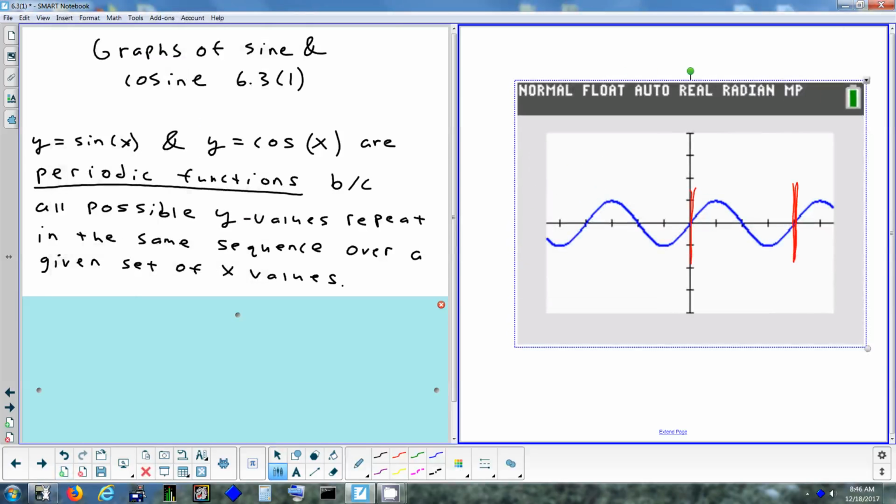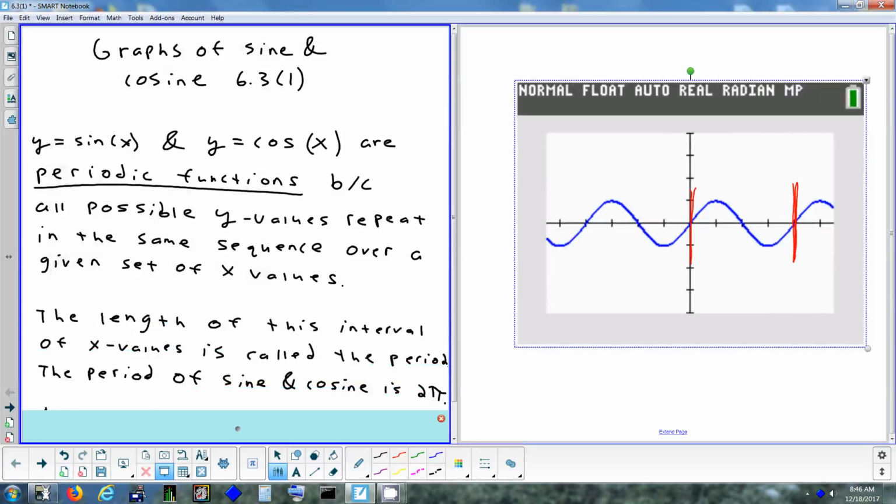Okay, so between those red lines, that's called a section of the graph, or actually a more specific name is called the period. It's the amount of time it takes for the y values to start at 0, hit the highest, hit the lowest, and then get back to the starting point.